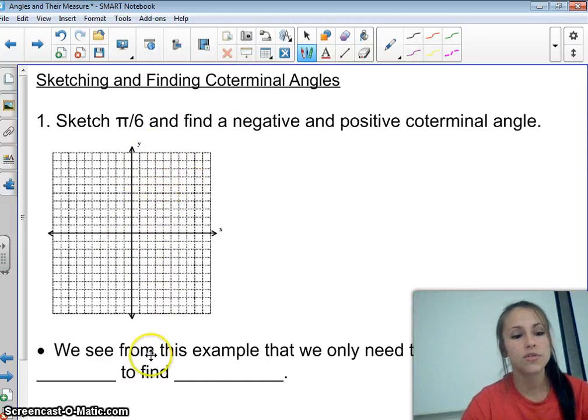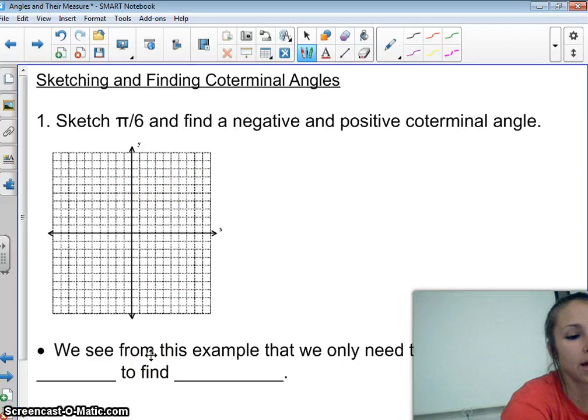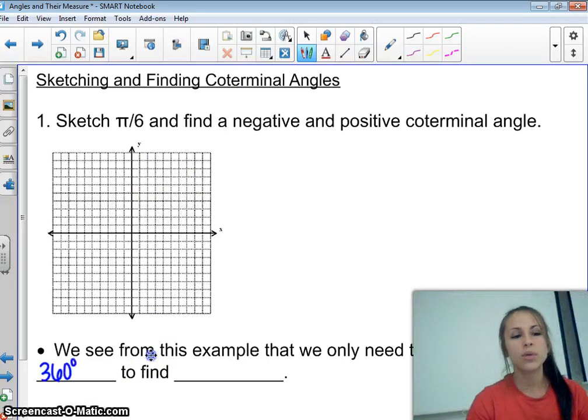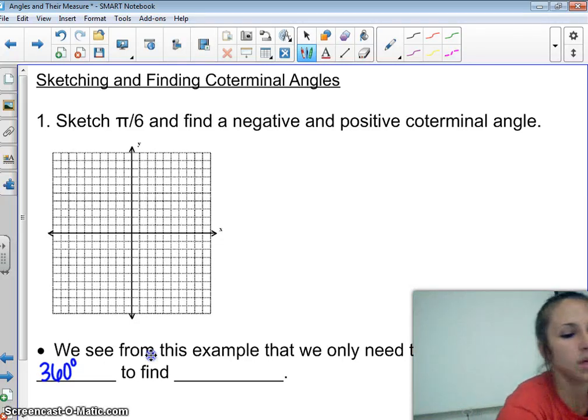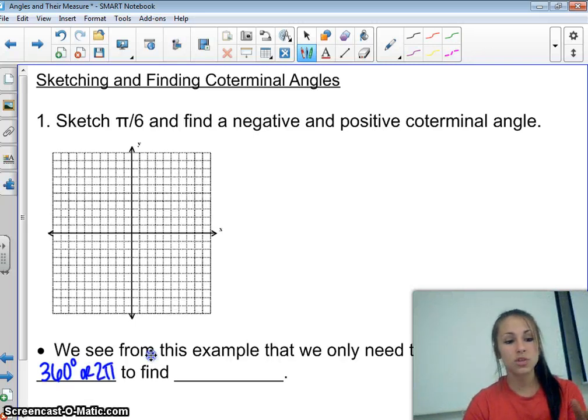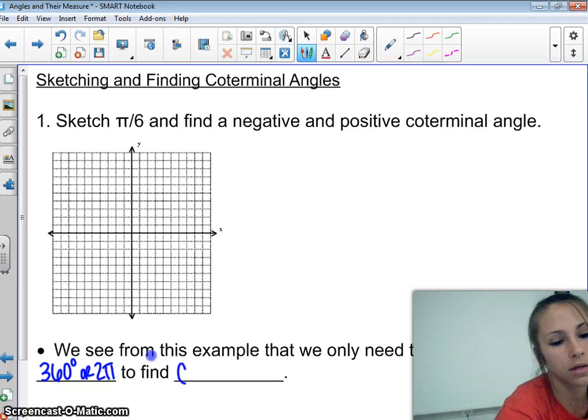But we can see from the last example that we only need to add or subtract 360 to a degree measure. But if we have a radian, 360 is a whole distance around. And the whole distance around for a radian measure would be 2 pi. So we either need to add or subtract 360 or 2 pi to find coterminal angles.